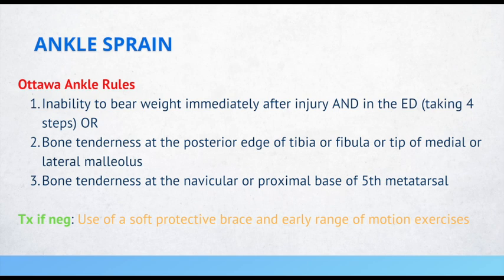Bone tenderness at the navicular or proximal base of the fifth metatarsal. If any one of these are present in the patient, then you want to go ahead and get some imaging done of the ankle. However, if it is negative, then you can use a soft protective brace and early range of motion exercises.